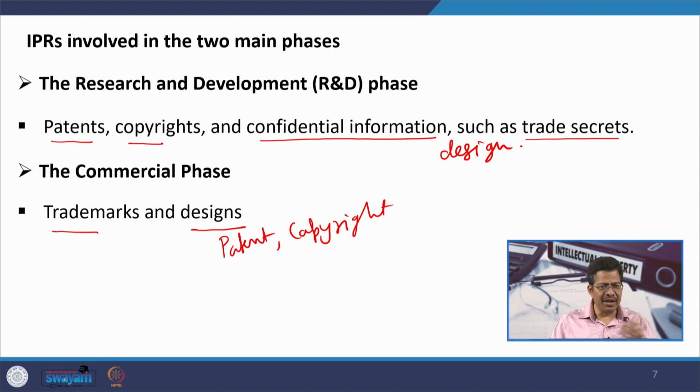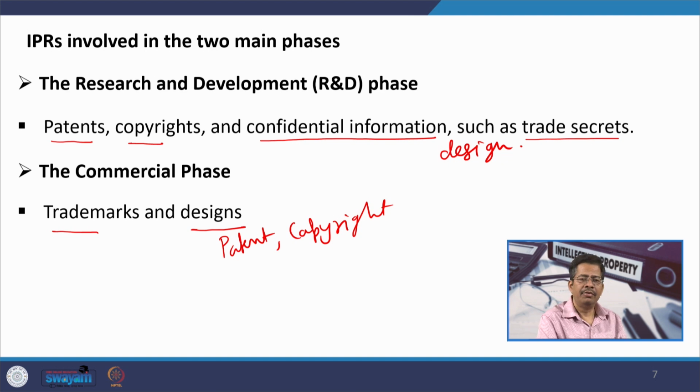But in the R&D phase, you are developing the manuals of your product, you are doing R&D with respect to your product, you have some information which you do not want to share with your suppliers, with any other stakeholders. So, that is the primary type of IPs which we are mentioning.